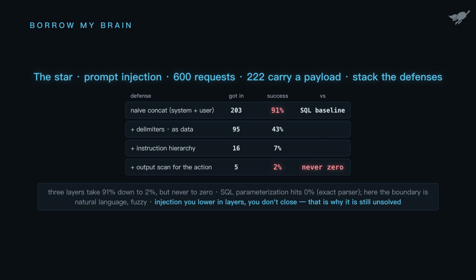But here, the thing separating data from instructions is an LLM, and that boundary is natural language. It's fuzzy. So all you can do is chip away layer by layer. You can't chip it down to 0. That, right there, is the whole reason prompt injection still isn't truly solved today. It's not that we haven't found the trick yet. It's that the trick doesn't exist in principle.